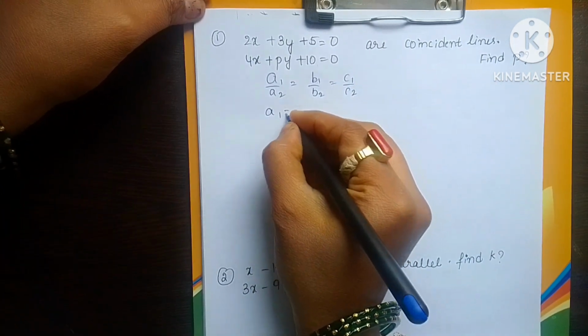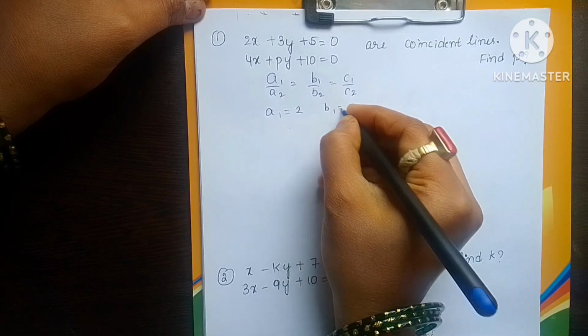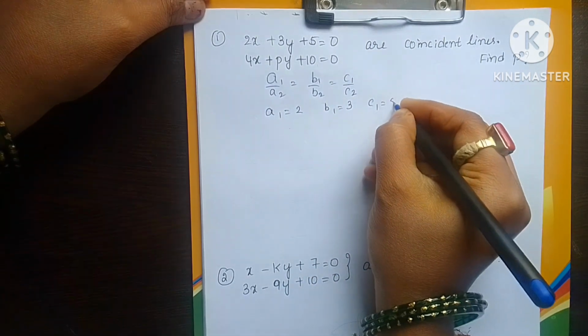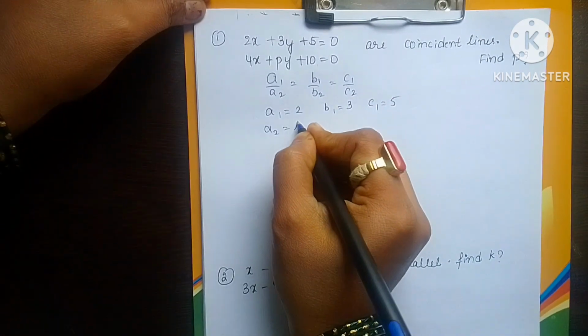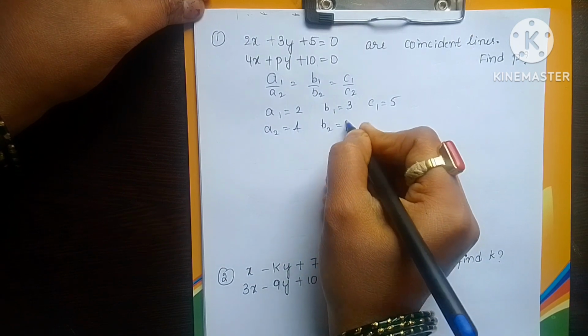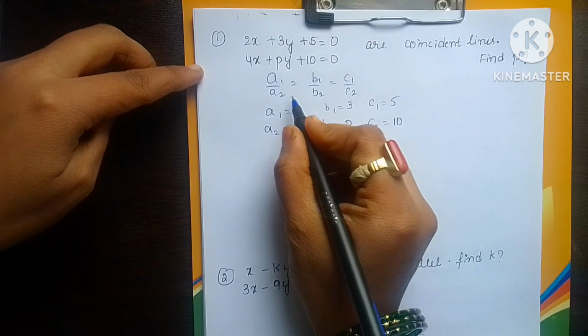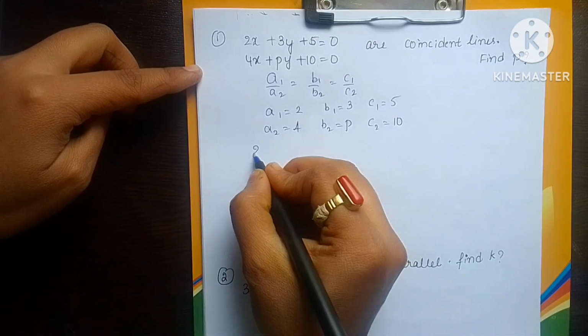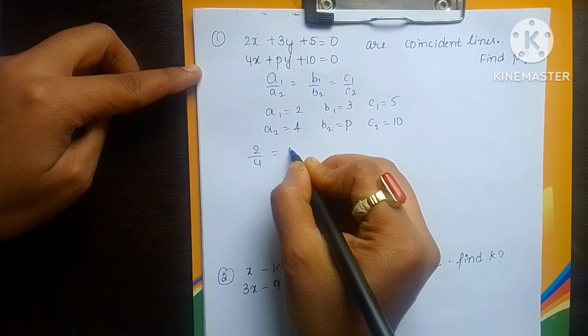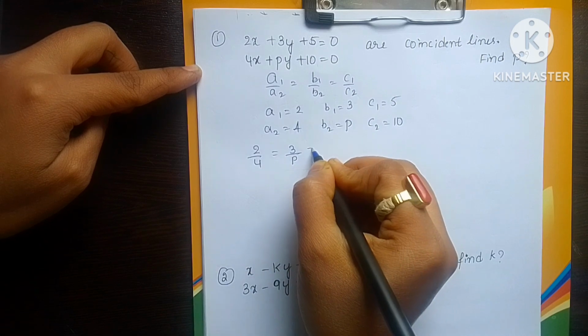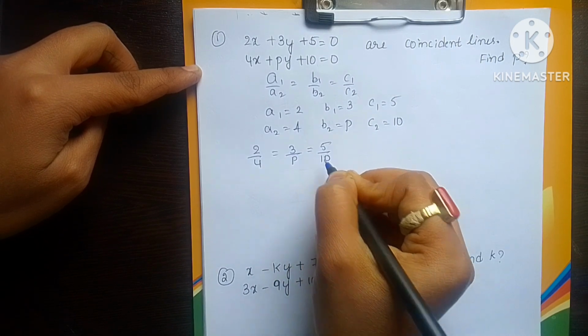Here a1 is 2, b1 is 3, c1 is 5, a2 is 4, b2 is p, and c2 is 10. So now we will equate 2 by 4 is equal to 3 by p is equal to 5 by 10.